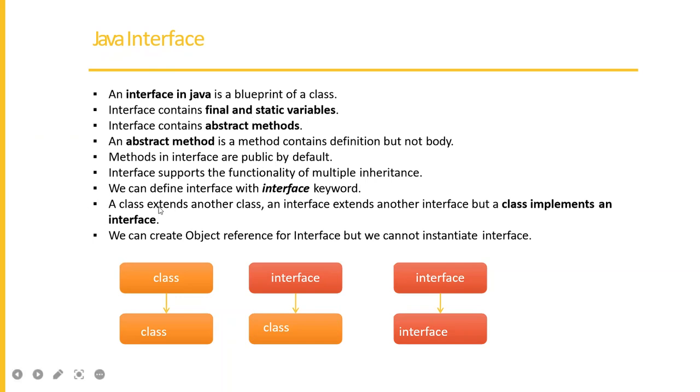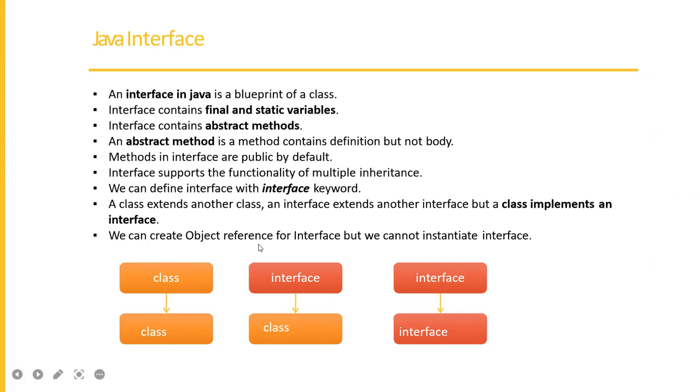A class extends another class. From interface to class, you should write implements. From interface to interface, you can go for extends. If it is the same type, then we go for extends, like class to class extends, which we already know about.